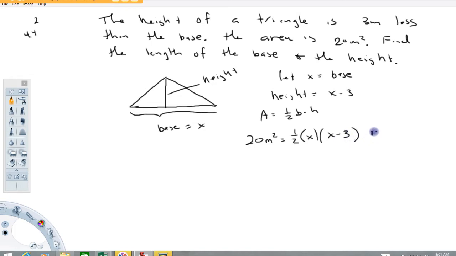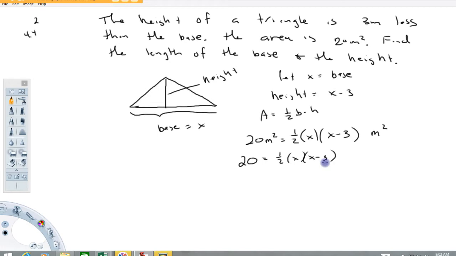It's okay if you didn't want to write the units, as long as you're consistent. These are in meters, so the area would be in square meters. So I'll rewrite this equation without units: 20 equals 1/2 x times x minus 3.